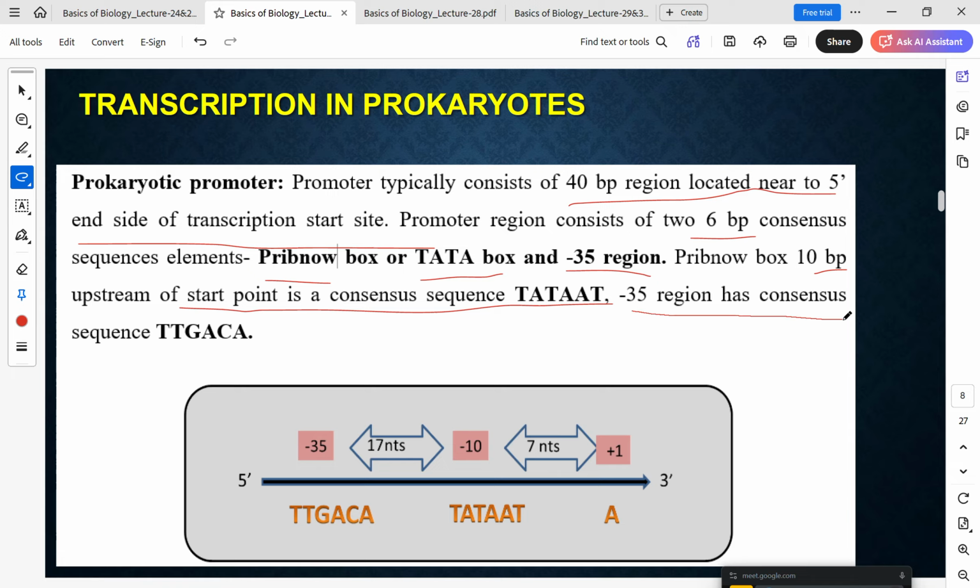And the -35 region has a consensus sequence of TTGACA. So if within a strand of DNA you find these particular sequences, then there is a very good possibility that there is a gene that can be transcribed downstream of that.